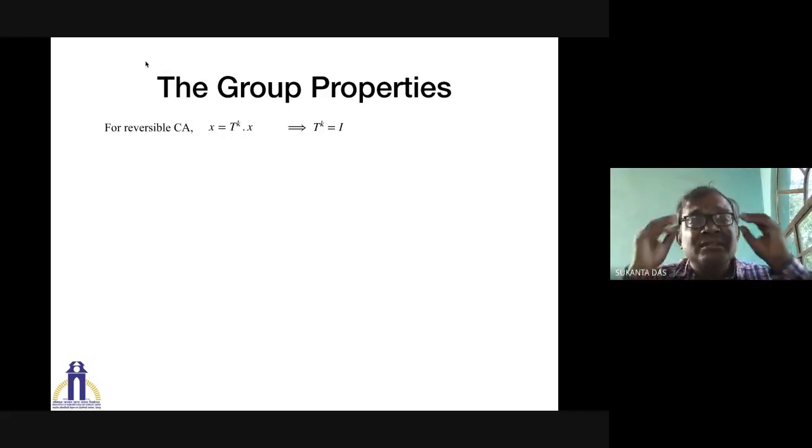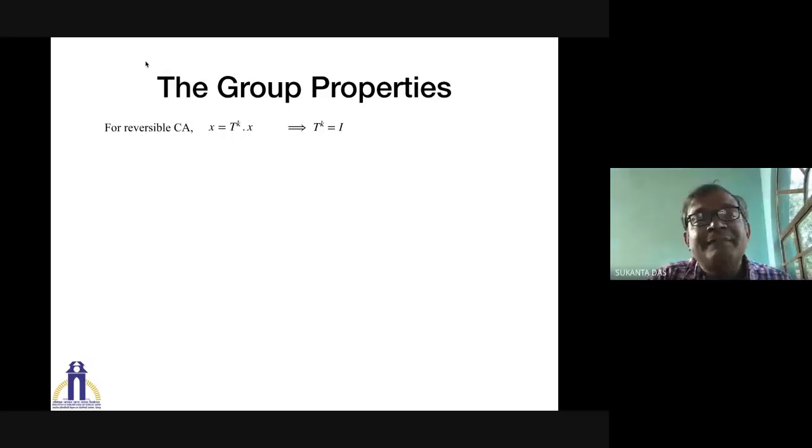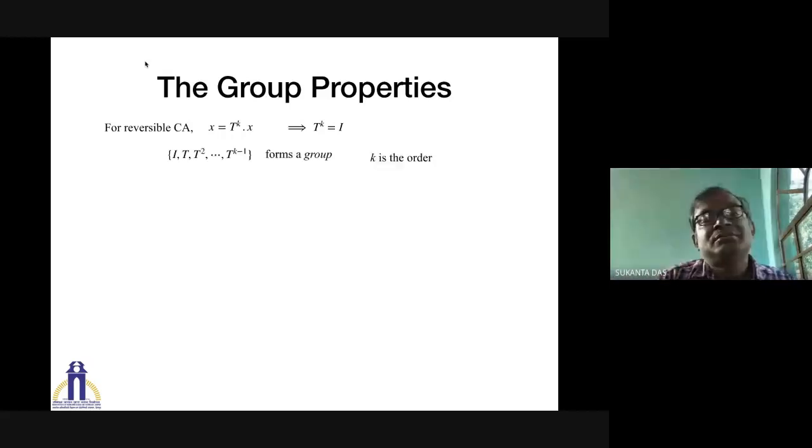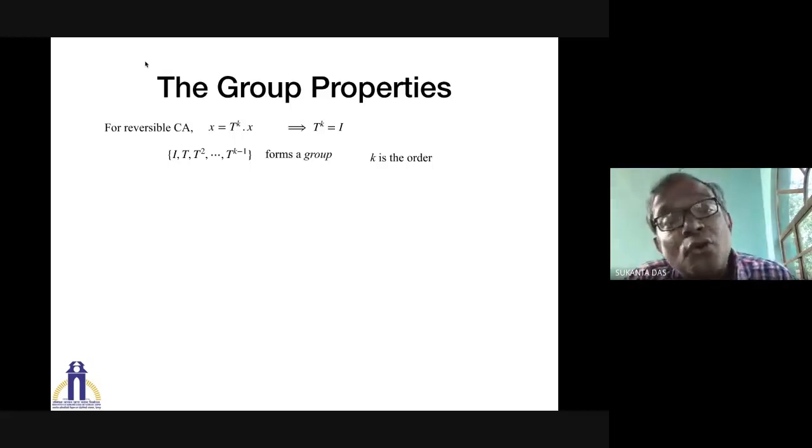Now from this information, I am claiming that T, T square, up to T to the power K minus 1 forms a group, with matrix multiplication as the operator.